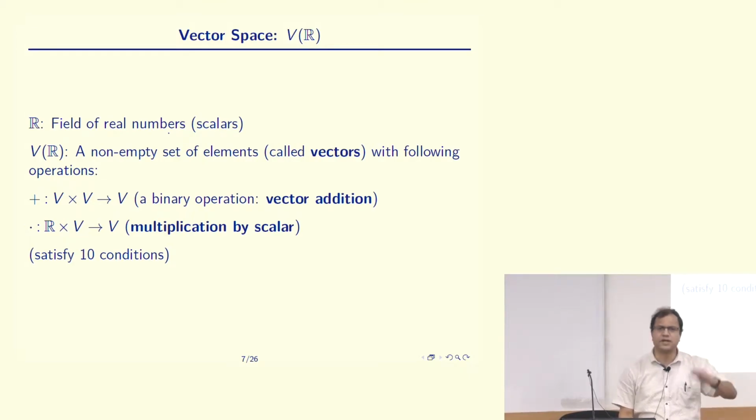They should also satisfy the 10 more conditions that you will find in any standard book. I will not go into the details of those 10 conditions, like associativity, commutativity, existence of the zero vector, existence of the inverse. Those are the most common. What I'll do is give a few examples of different vector spaces that I'll be using in this lecture.